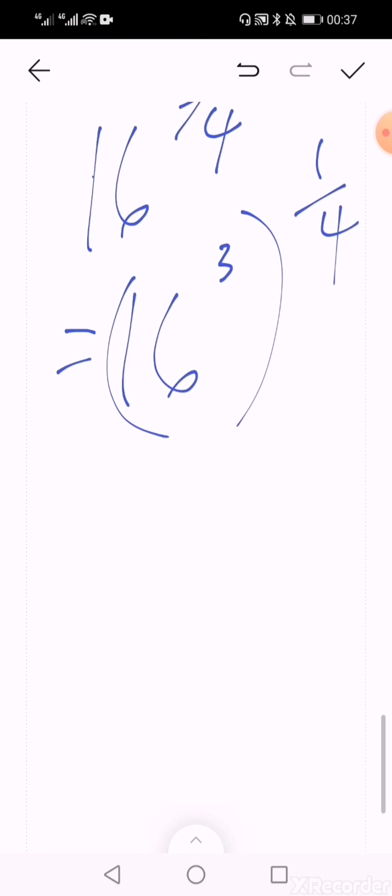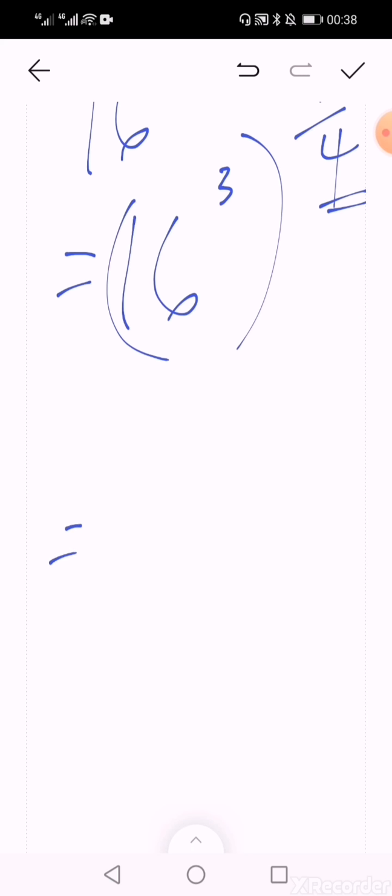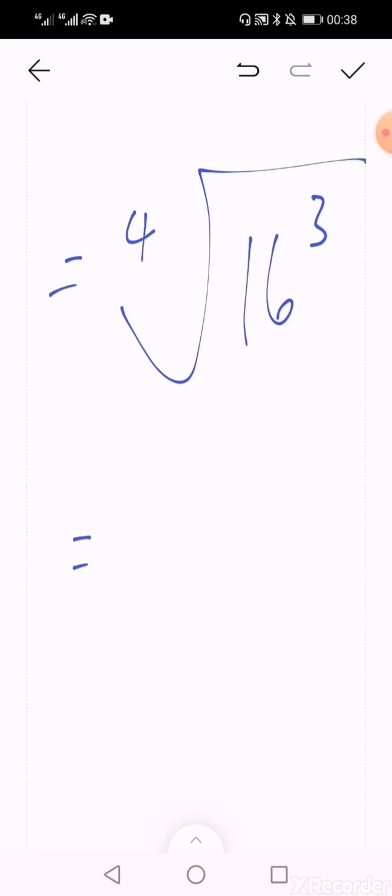This means we have to find the fourth root of 16 to the power 3, or 16 cubed. Then you can get your calculator to work it out, and you're still going to get 8 as your answer.